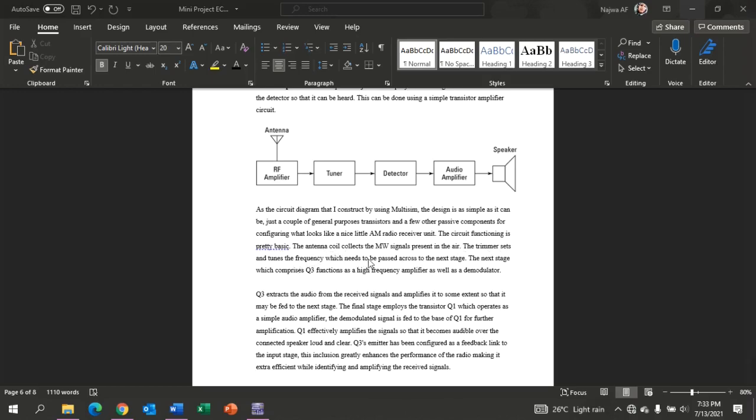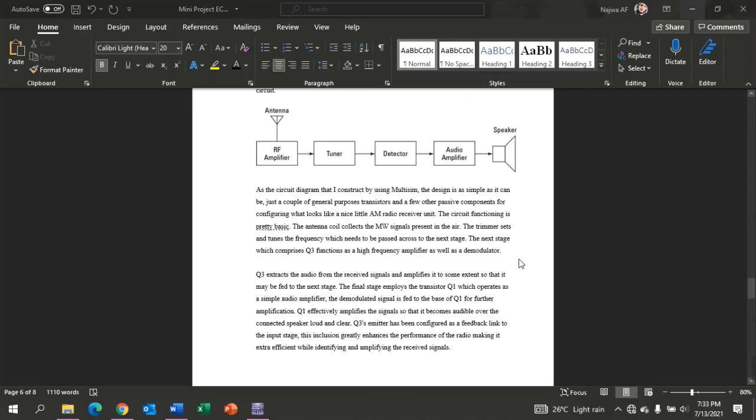The internal coil collects the MW signal present in the air. The trimmer sets and tunes the frequency which needs to be passed across to the next stage. The next stage comprises Q3, which functions as the high frequency amplifier as well as a demodulator.